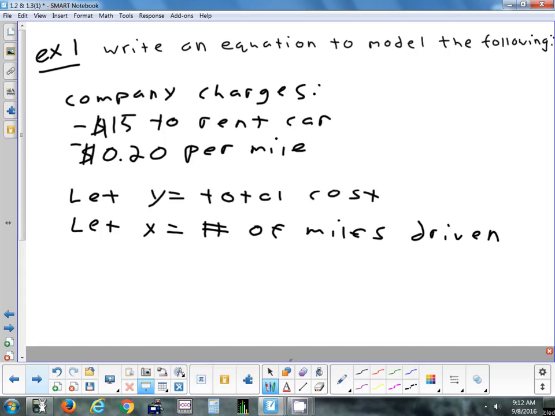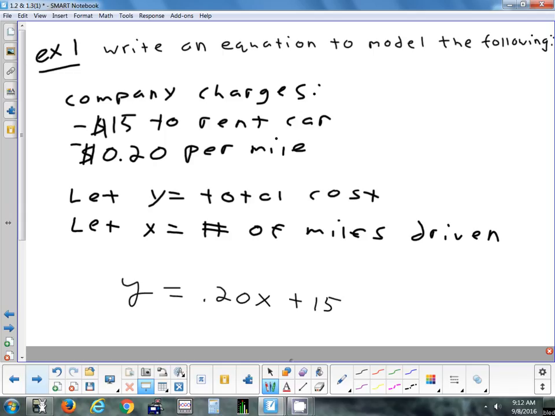All right. So anybody think they can give me an equation starting out like that that would tell me the cost to rent this car? Luke? 15 plus 0.2 times x. Yeah, exactly. I'm just going to write it in a little different order, but I'm going to do exactly the same thing you just said. 0.2x plus 15.